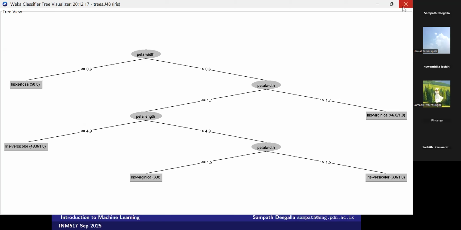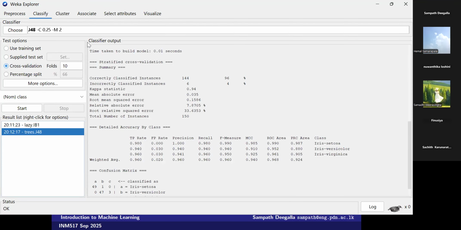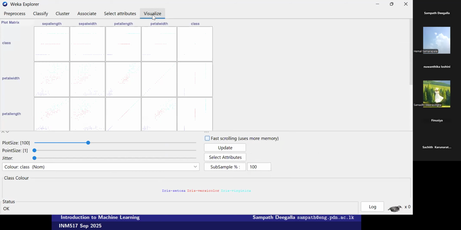For example, if you want to see how visually separable these two are, you can go and look at the visualization. So, for example, if you use sepal length, 1 and 3, for example.